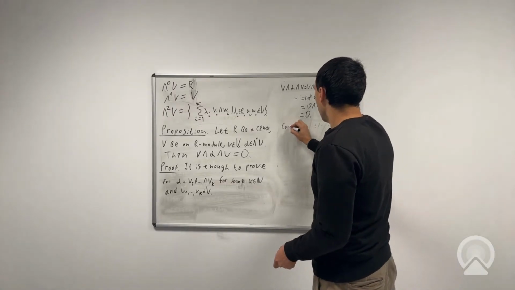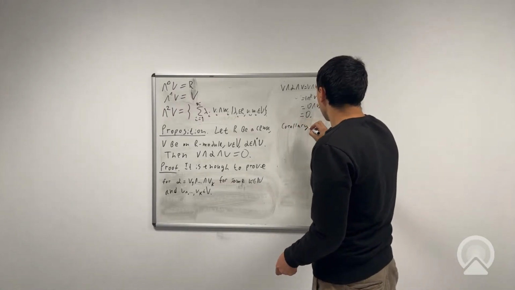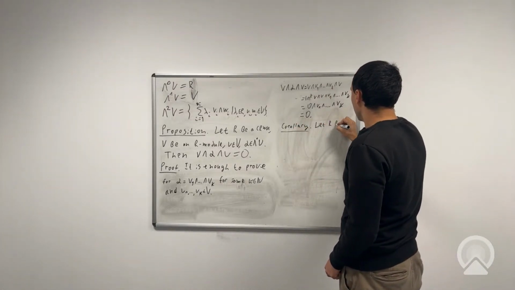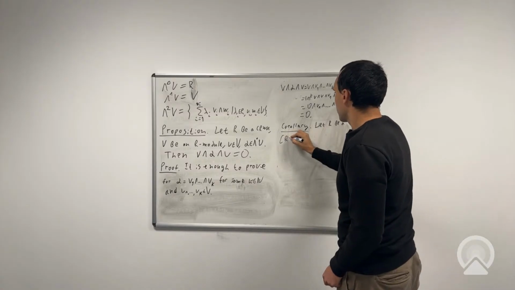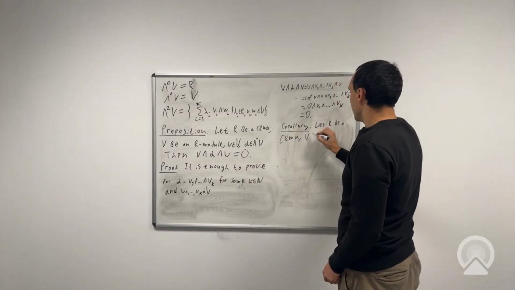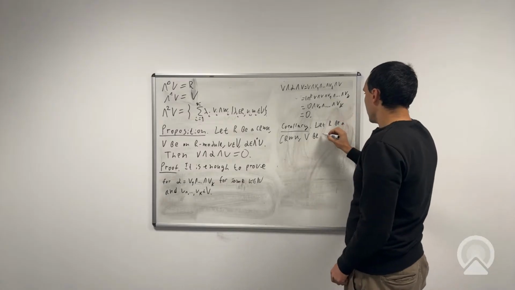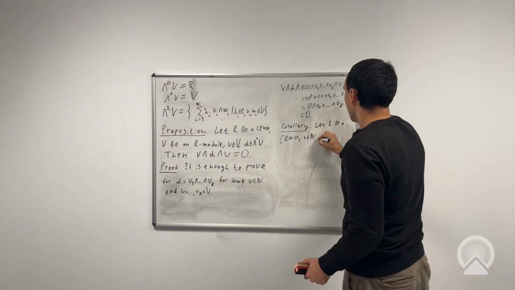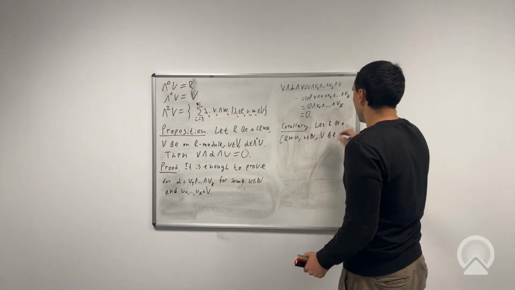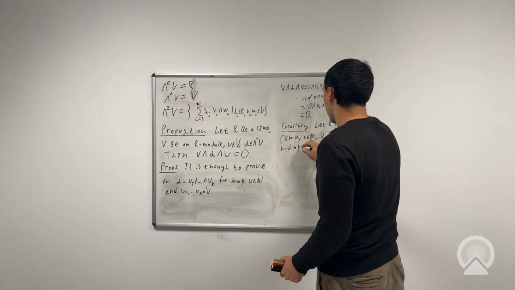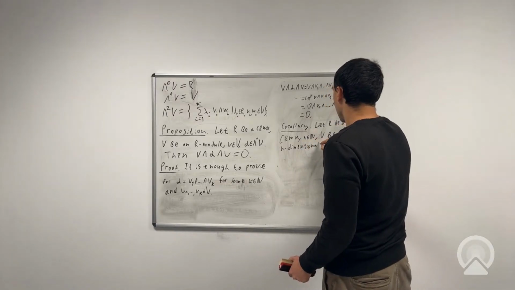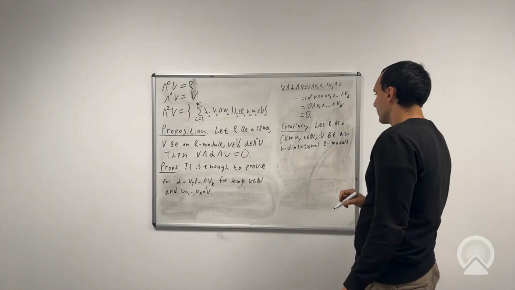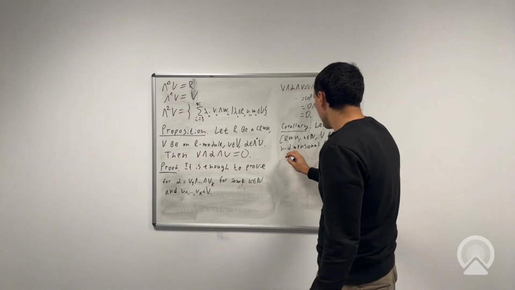So for a while, let R be a commutative ring with unity, fix some integer n, and let V be an n-dimensional R-module, so it's finite dimensional.